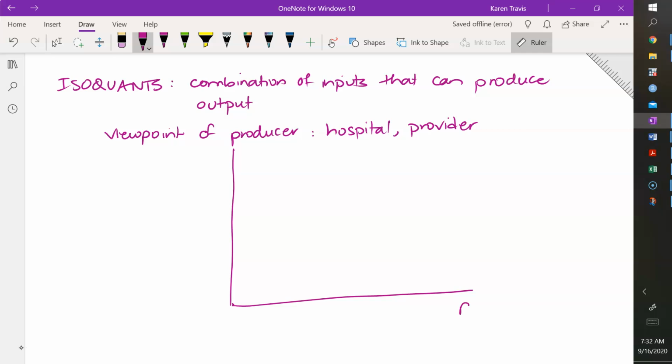I'm going to do one for mental health care in which there are two possible inputs of prescriptions and therapy. So let's suppose this depicts my first isoquant where there are different possibilities for treating one patient.